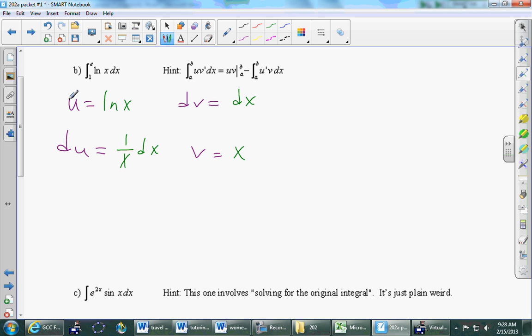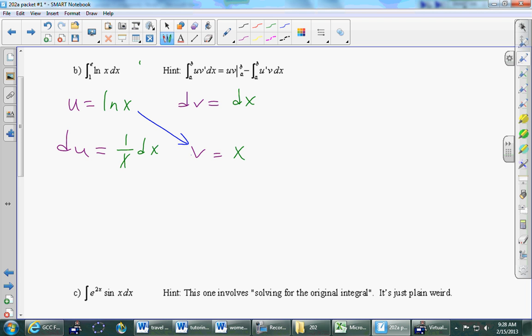Although actually this one, we're not going to stamp it at all because it's from 1 to e. It's a definite integral, so there's no stamp at any point here. Okay, do you guys remember the arrows? Maybe draw the arrows if you remember them. So the first one is a diagonal.